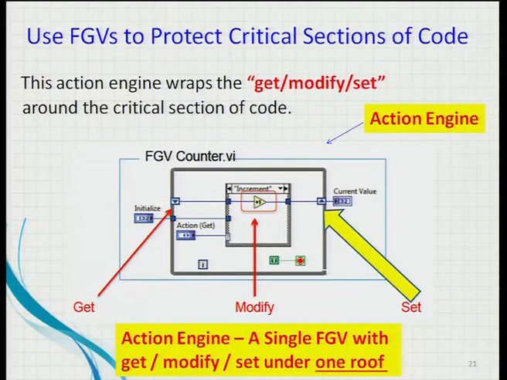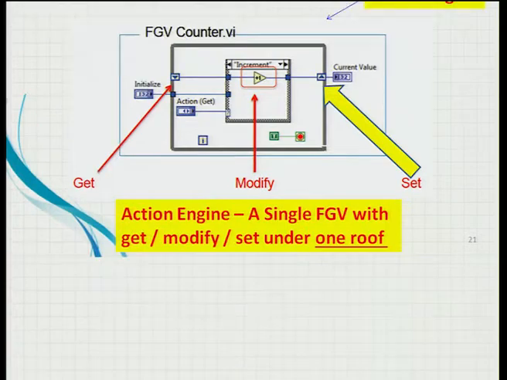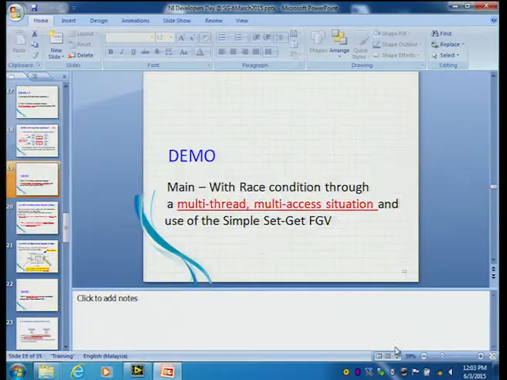Now, as Nancy says, it actually protects the critical section of the code. When you do the actions, let's say you increment or decrement, immediately the value gets stored straight back into the uninitialized shift register itself. So you will eliminate this problem.